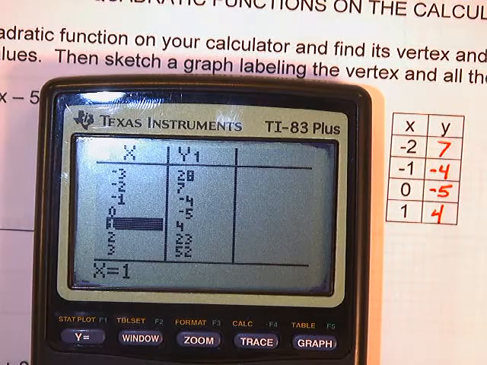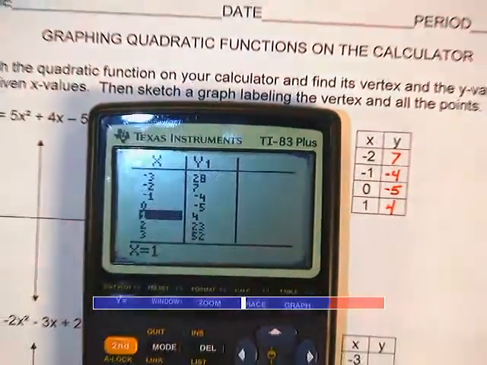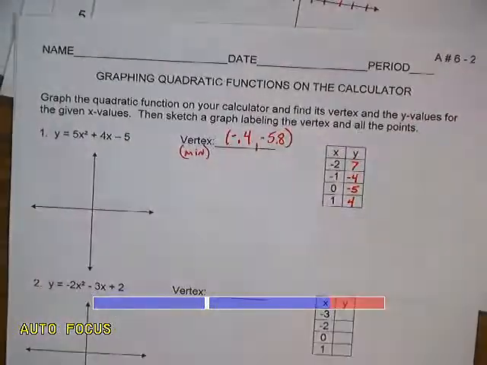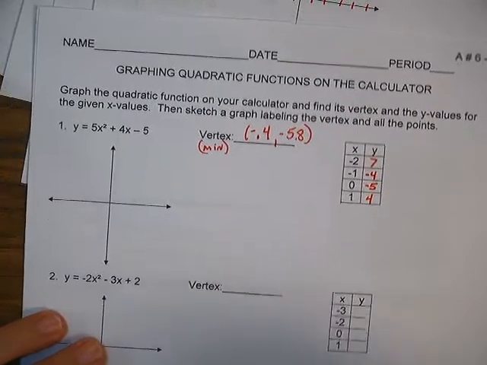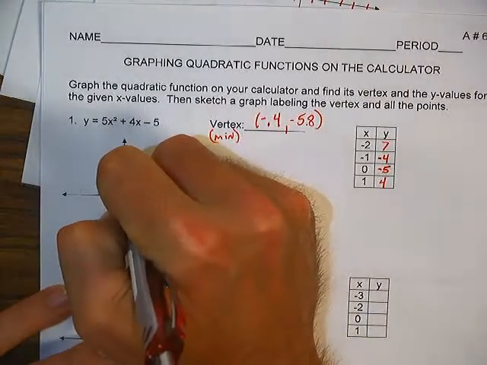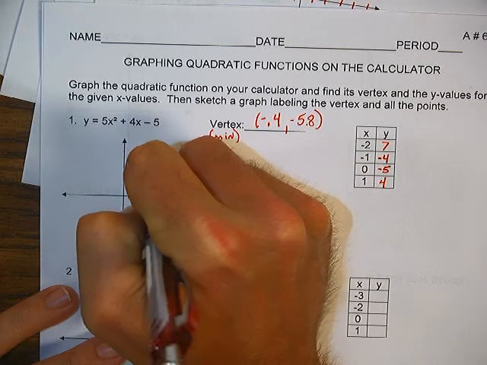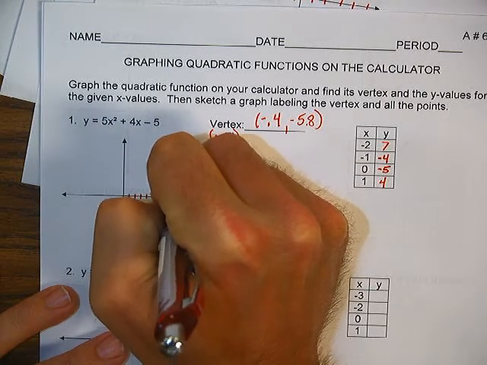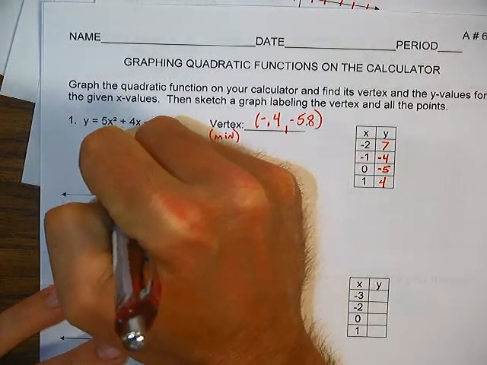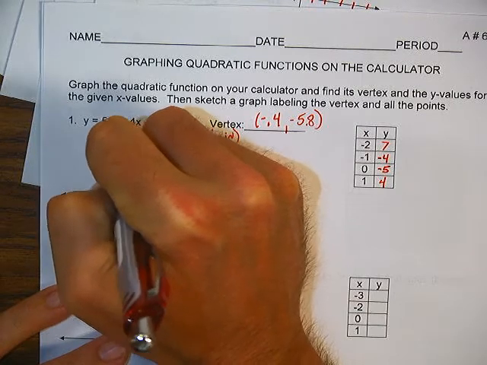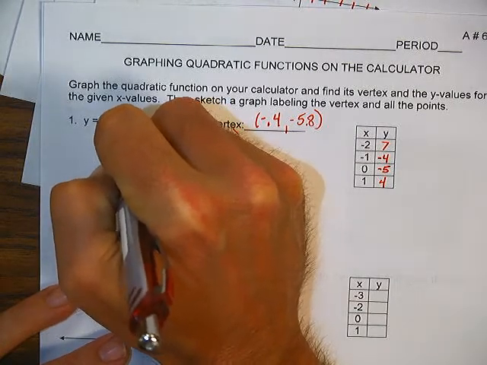Okay, now we have enough information to sketch a graph.